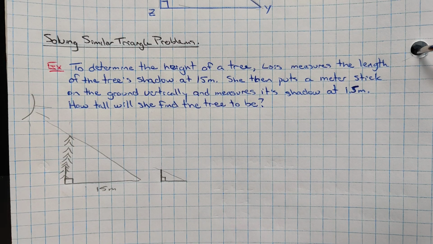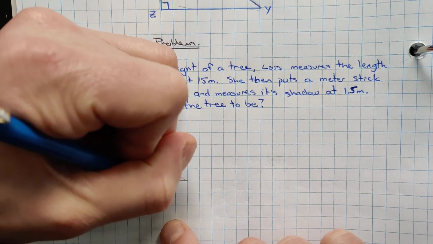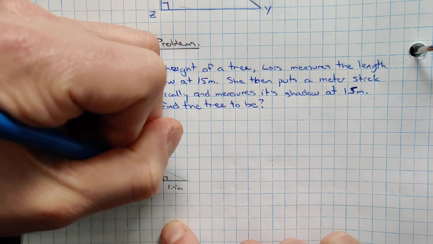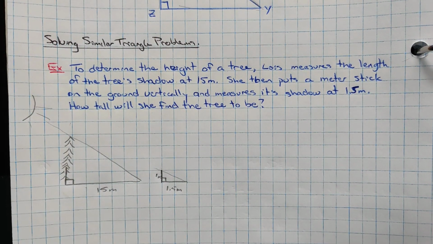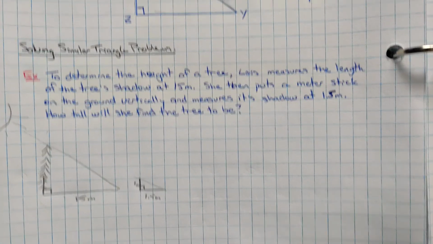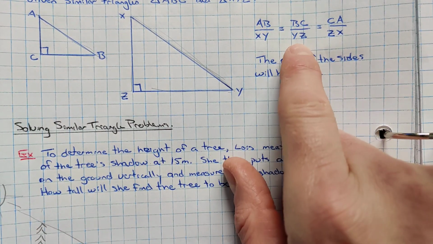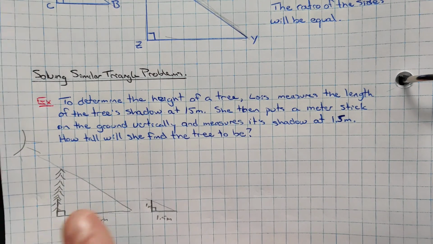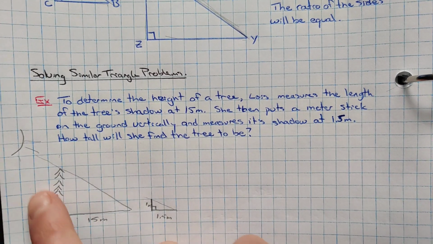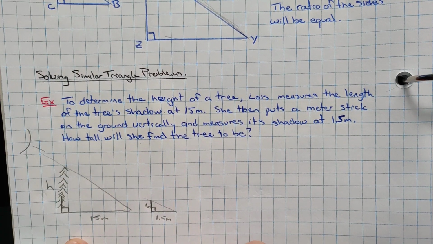So now we can use these similar triangles, that's 1 meter, 1.5 meters, to solve this using one of these proportions. If we just take the proportion of one side over the other equals one side over the other, as long as we use the matching triangles. So we are looking for the height of the tree.